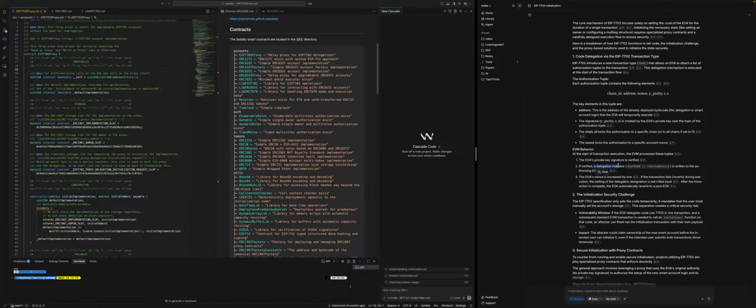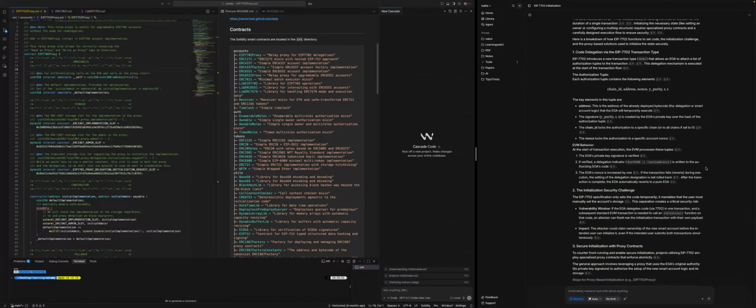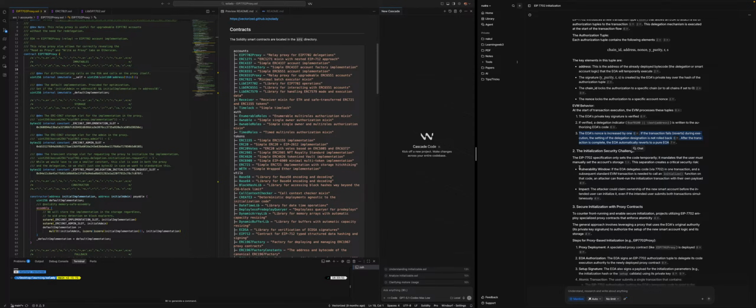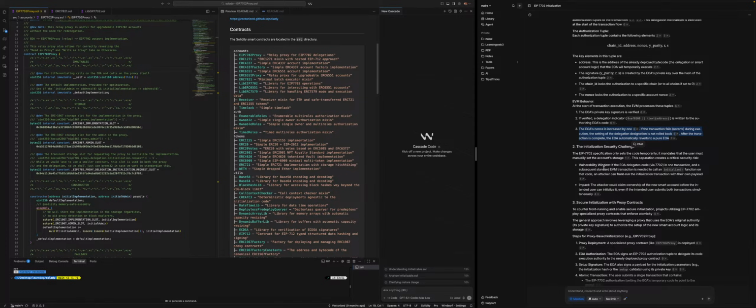Yeah, so it passes a delegation indicator that this is a transaction, like it's basically authorizing the transaction.